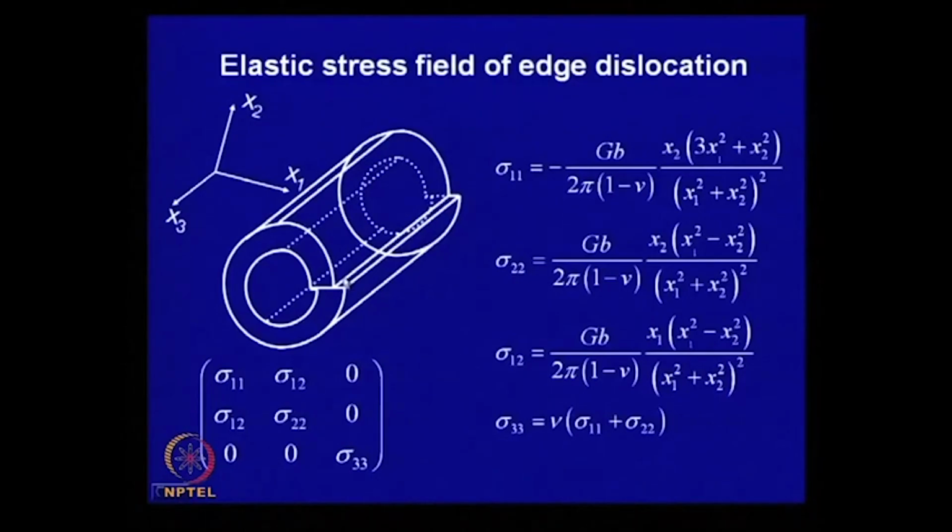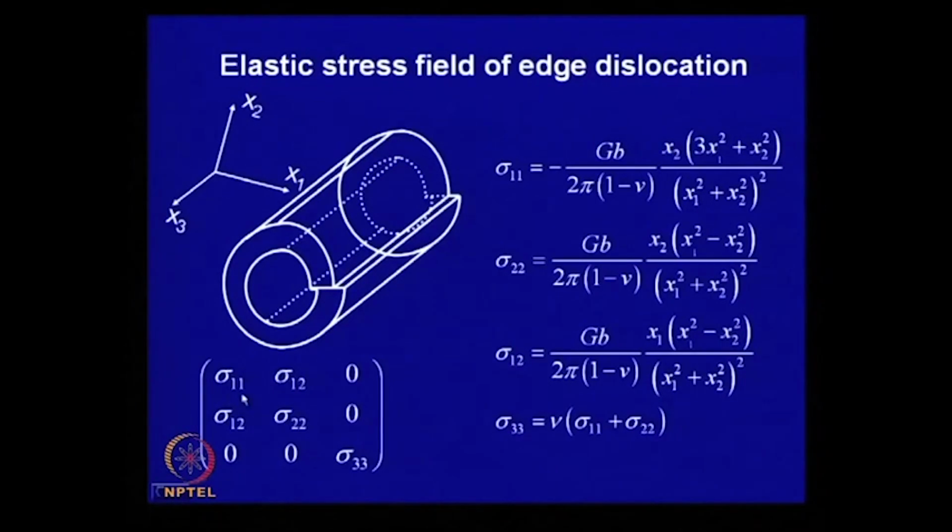So, here the step is, unlike the screw dislocation, on this face here, but here also we assume that it is a hollow core, and we will not repeat any calculation for the hollow core. And if you do this, you will find that the stress field is like this.